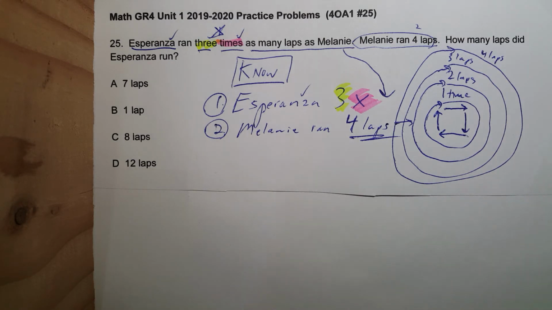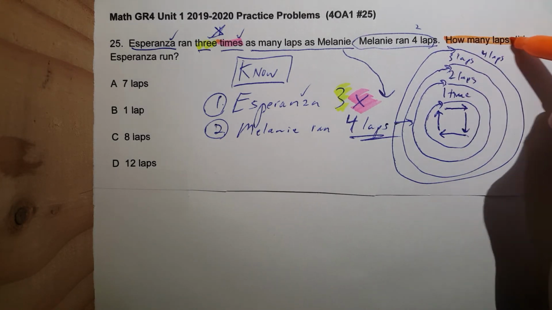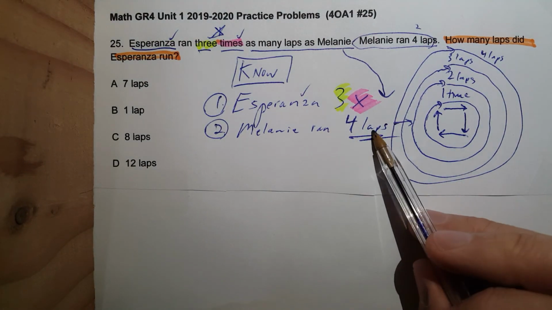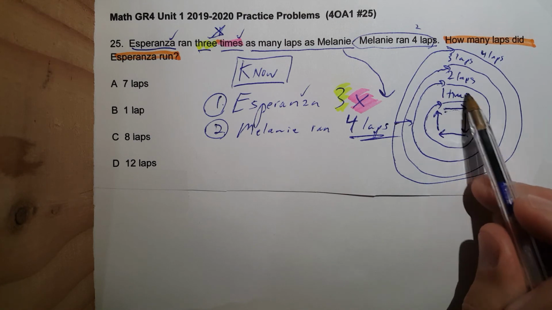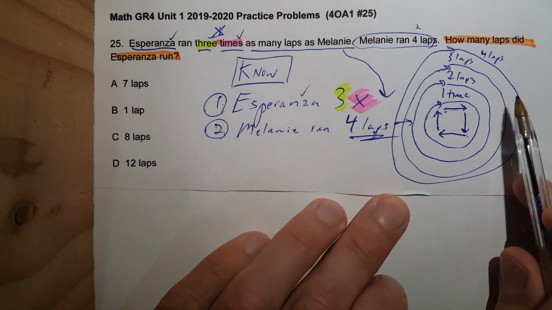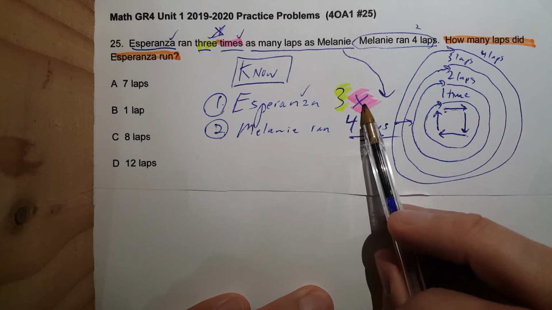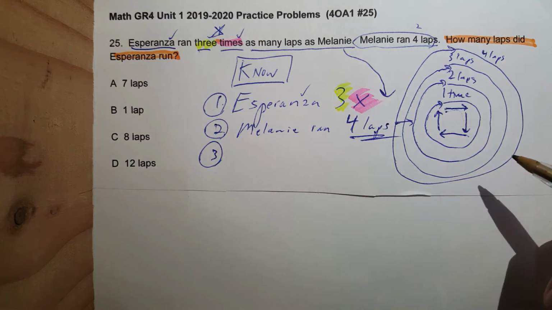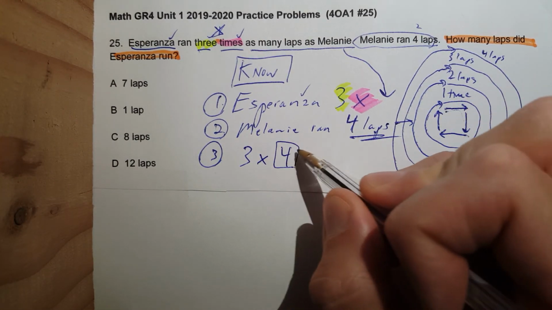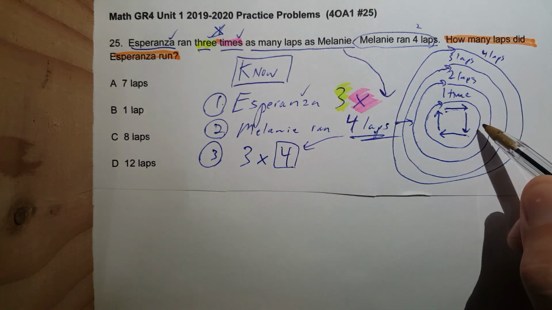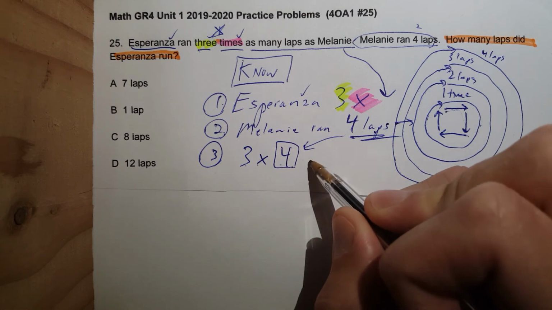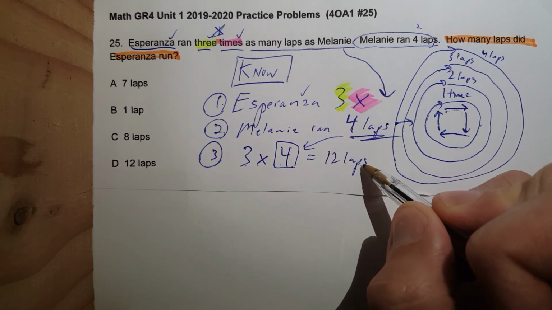Now, let's go to the next one. How many laps did Esperanza run? If Melanie ran around the block once, twice, 3, 4 times, and Esperanza did 3 times as many laps, here would be your equation. 3 times 4. That's where I got this number. If Melanie did 4 laps and Esperanza did 3 times as much, that would be 12 laps.